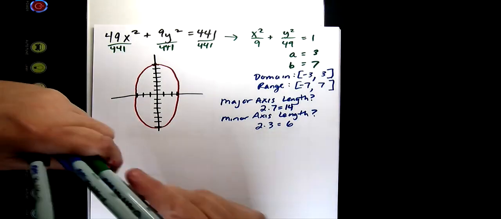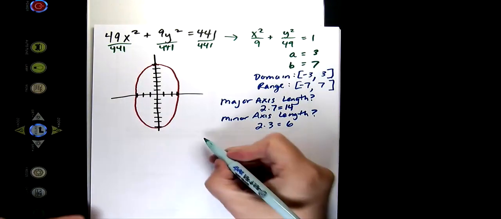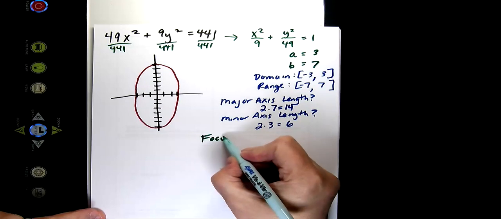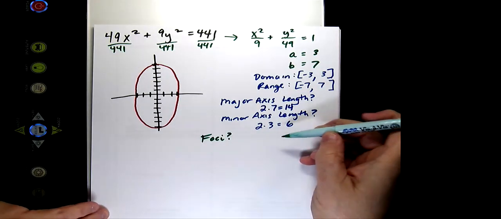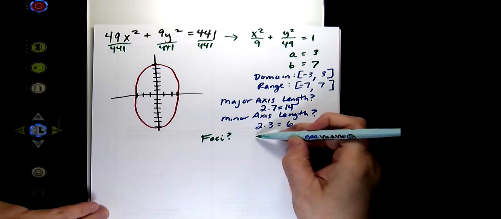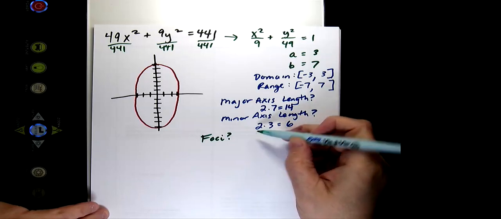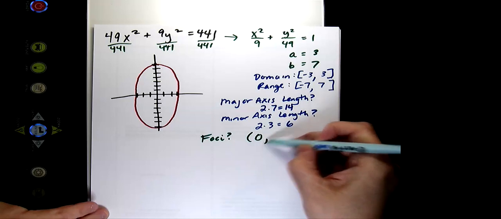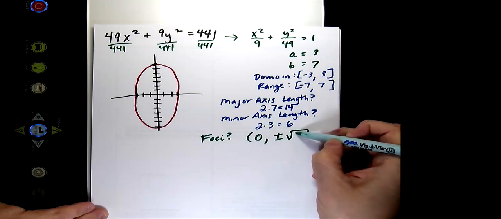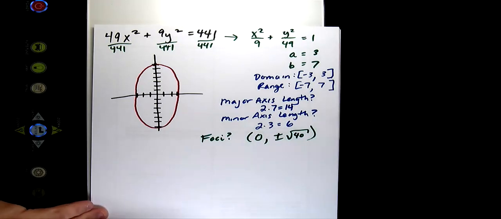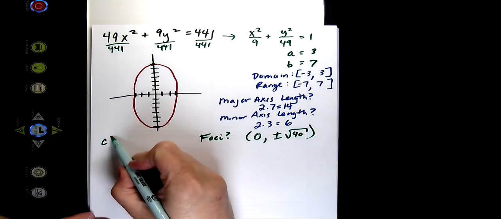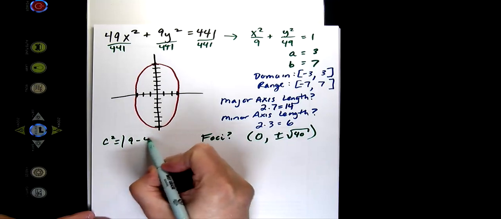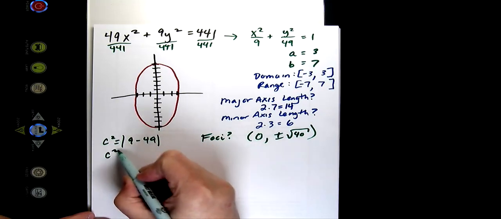Where are the foci? They are at 0 plus or minus the square root of 40. How did you get that? I had c squared equals the absolute value of 9 minus 49, which is 40, and then you take the square root.